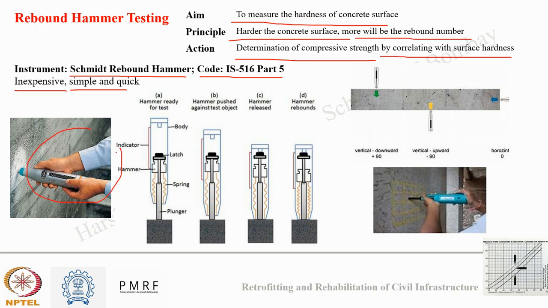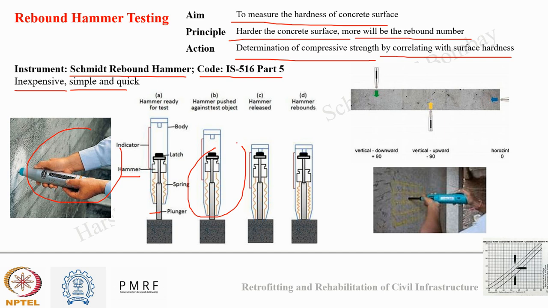Now, how is this operated, and what is the science behind its operation? A basic rebound hammer consists of a hammer and a plunger in a spring-loaded mass system. Initially the hammer along with the plunger is pressed against the surface of concrete, and once the spring is completely compressed, and the hammer is lying steadily and perpendicular to the surface, the hammer is released.